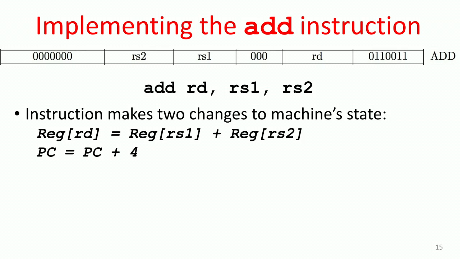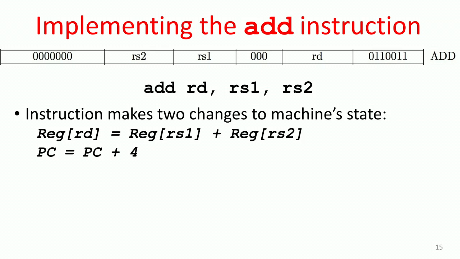So this instruction makes two changes to the machine state. It changes the register file at the location specified by RD, and it also changes the program counter value. Every instruction is going to change the program counter value. Many of them will just increment the program counter by 4. Some will change it to a different location.